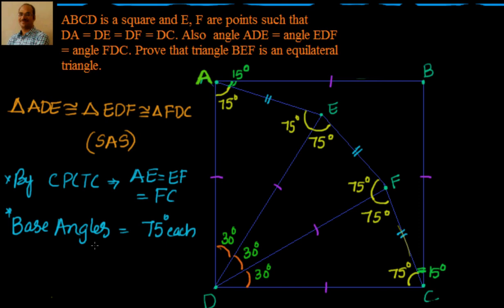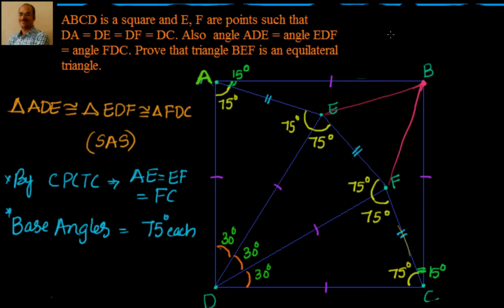Perfect. Now what we have to prove is that BEF is an equilateral triangle. So let's put it down. We have to prove BEF is an equilateral triangle. I'll join E to B and F to B. We have joined BEF, and this is the point where they are meeting.